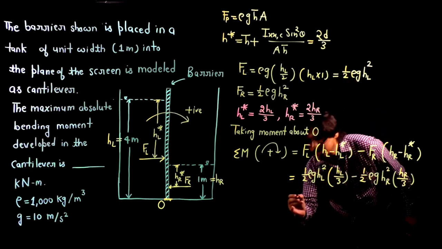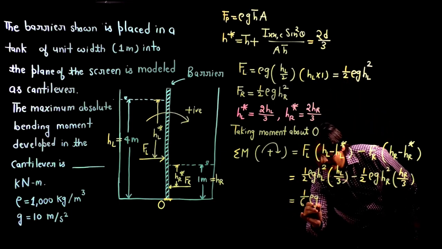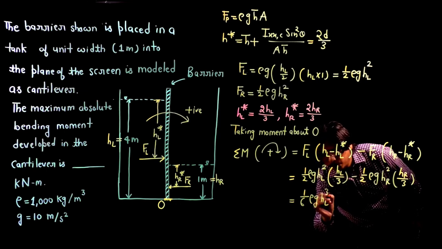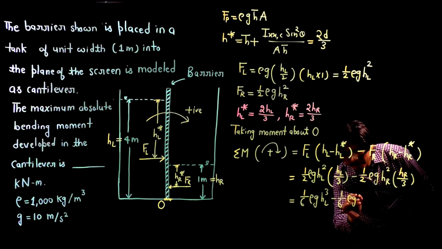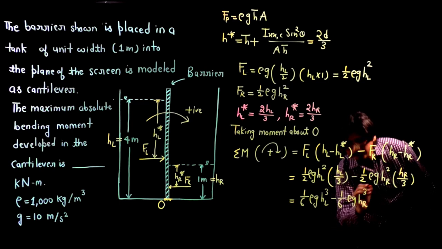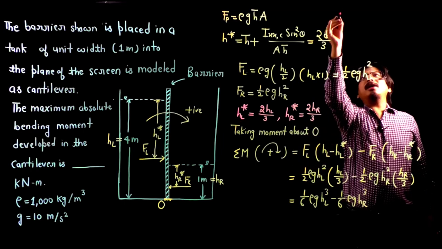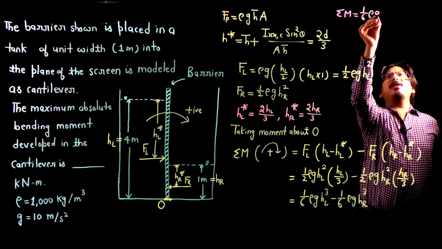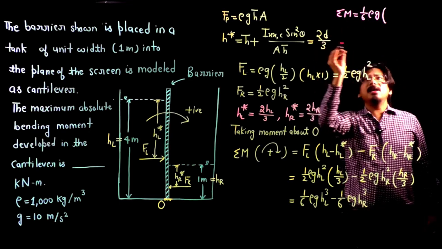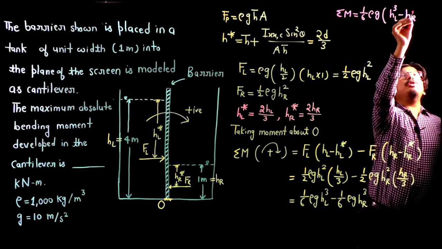So if you solve a little bit, you will get 1 by 6 rho g HL cube minus 1 by 6 rho g HR cube. So if I take 1 by 6 rho g common, what I am going to get is HL cube minus HR cube.